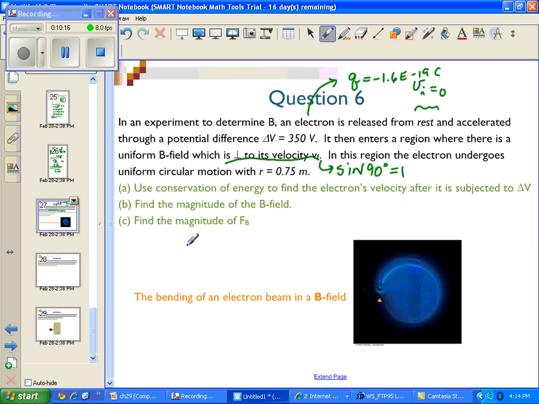Well, we know that the change in the kinetic energy of the electron must equal the negative change in its potential energy. That's what conservation of energy tells us.